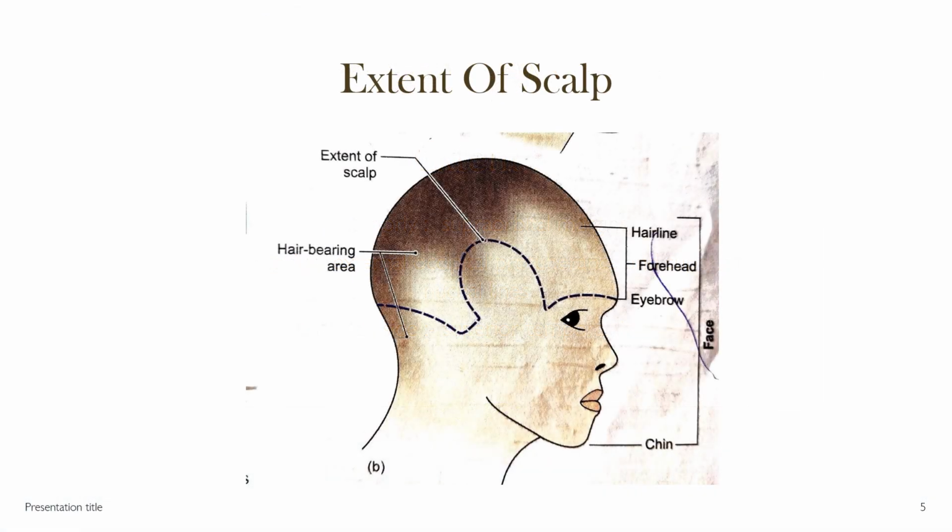Here it is shown how the scalp is extended. This line is the supraorbital margin.